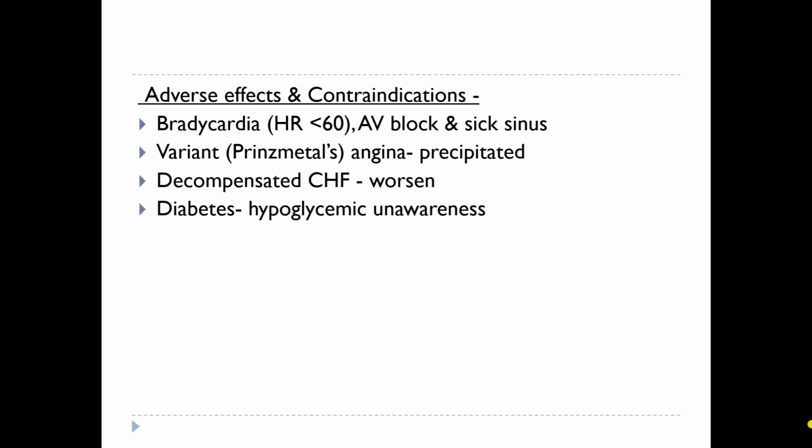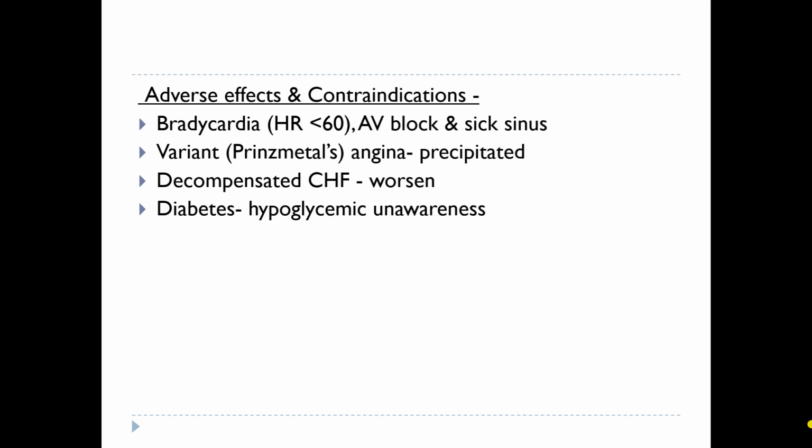What is hypoglycemic unawareness? Usually whenever blood glucose level goes down, it is called hypoglycemia. Symptoms of hypoglycemia include perspiration, tremors, anxiety, tachycardia, palpitation, and ultimately a fainting attack. All these symptoms, like tremors, perspiration, tachycardia, and feelings of anxiety and uneasiness, are mediated through the sympathetic system. When you block the beta receptor, these symptoms of hypoglycemia will not be there.